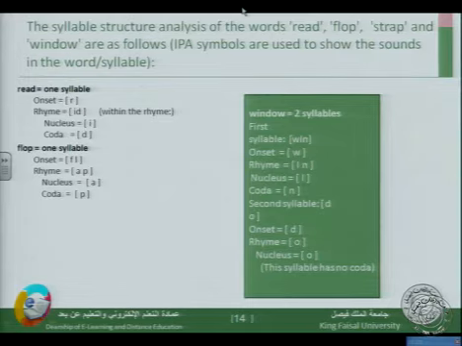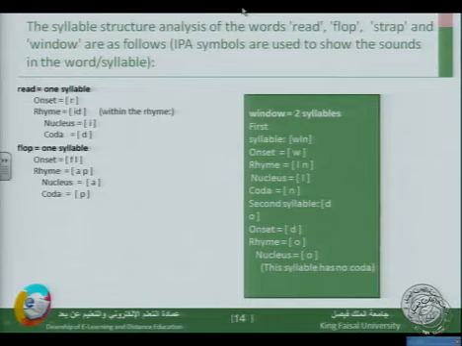The syllable structure analysis of the words read, flap, strap, and window are as follows. Notice the first word, these are more examples. The word read has one syllable. Read. Just listen to yourself.